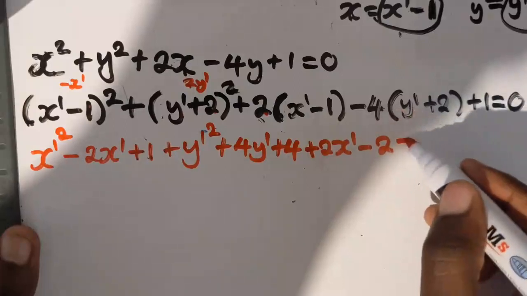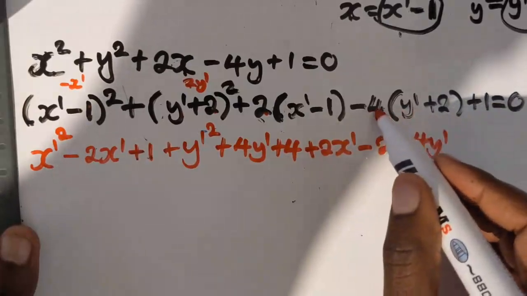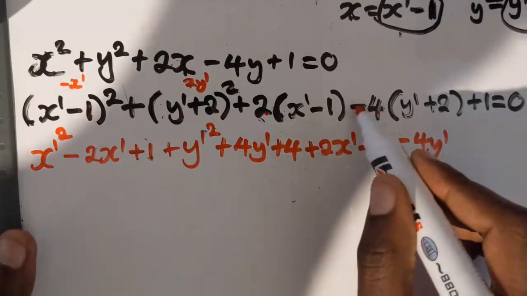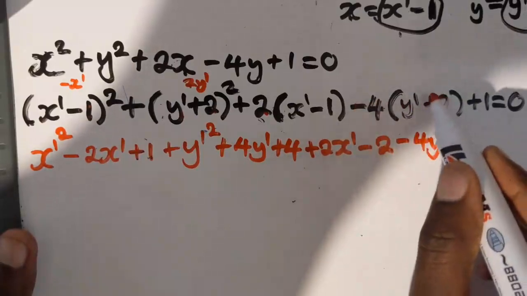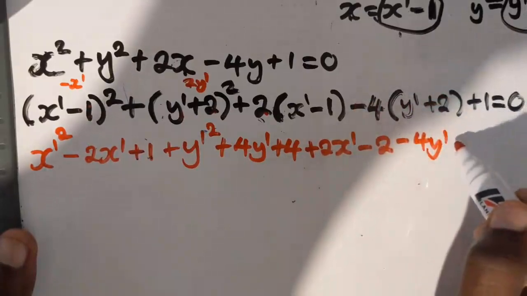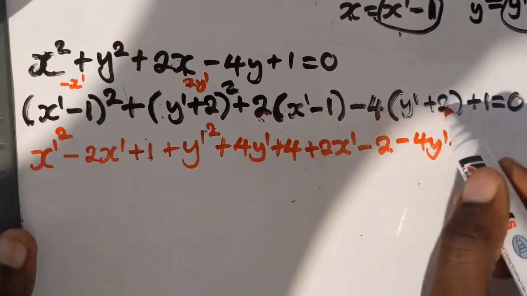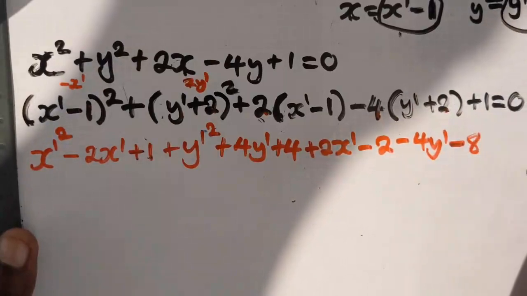Negative 4 times that, you're going to have negative 4y prime. Then negative 4. So this is negative. Don't make mistakes. Make sure that you also multiply the negative with everything. So negative times positive, you're going to have negative. There are different signs. Then 4 times 2, you're going to have what? You're going to have 8, like that.